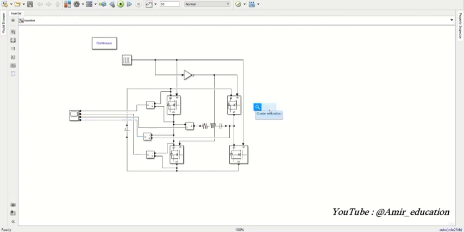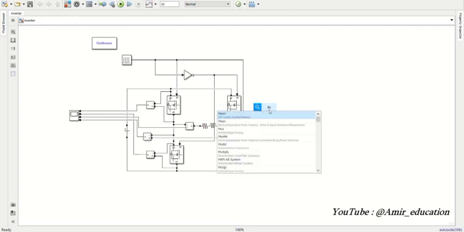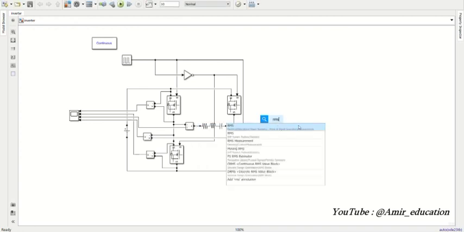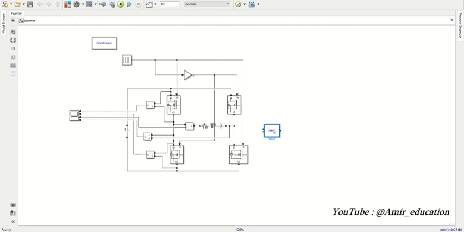Also, I want to display the RMS of my current, display.